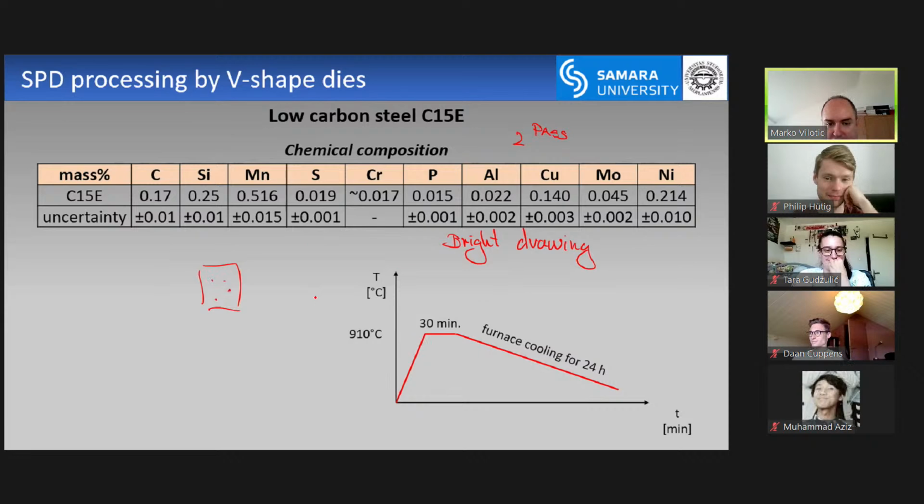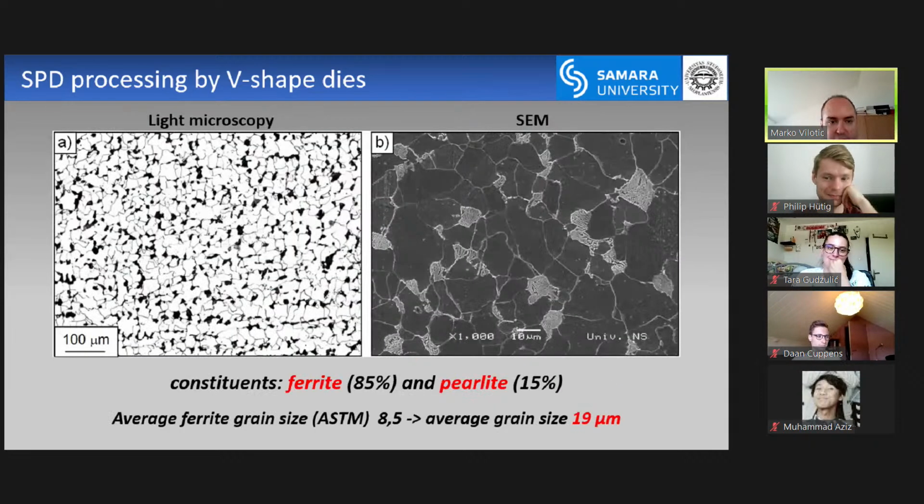By using heat treatment, we managed to reduce residual stresses, and then I got 18 passes of processing without any problem. So the heat treatment is very, very important.